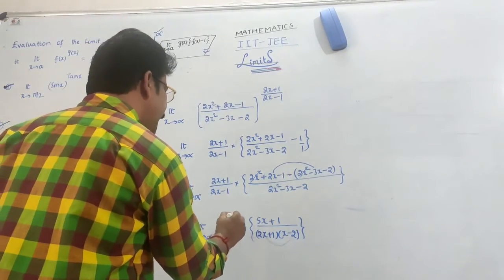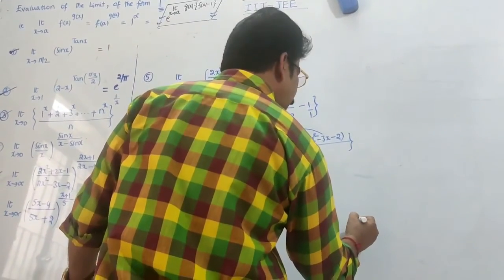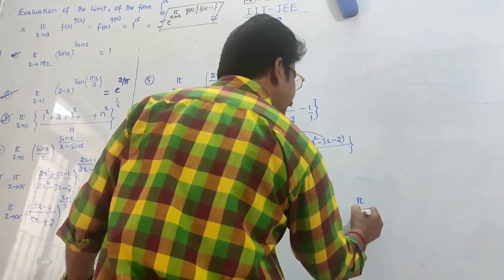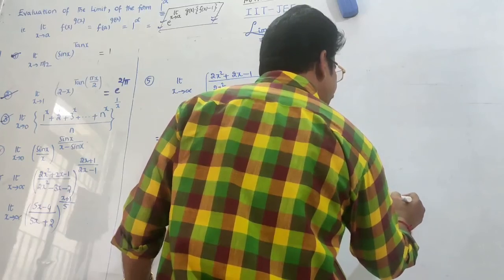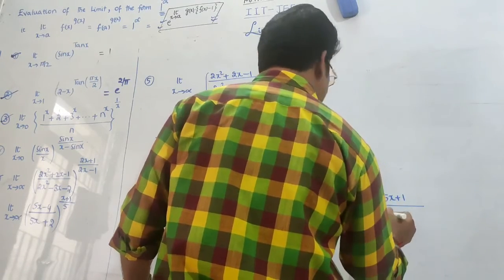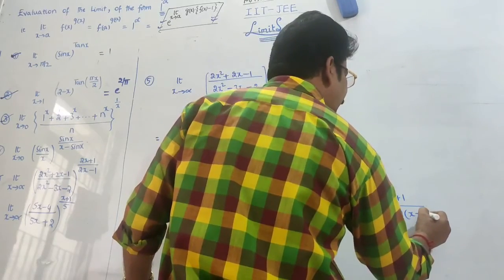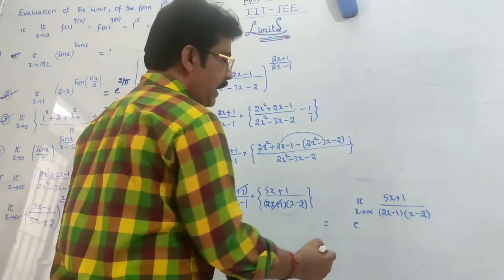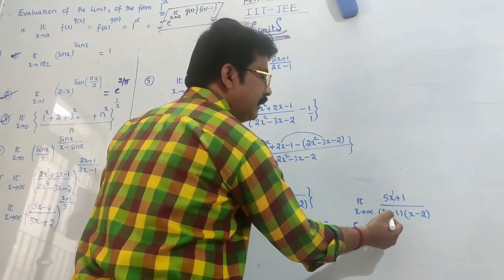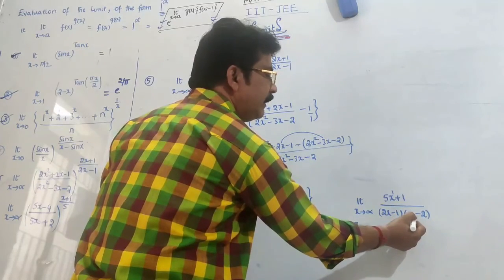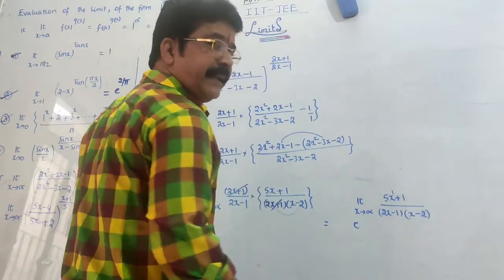So therefore here 2x plus 1 cancels. That is equal to e power limit x tends to infinity, 5x plus 1 divided by (2x minus 1) into (x minus 2). Here as x tends to infinity, the degree of numerator is 1, and the degree of denominator is 2, because on multiplication 2x into x we get x square.